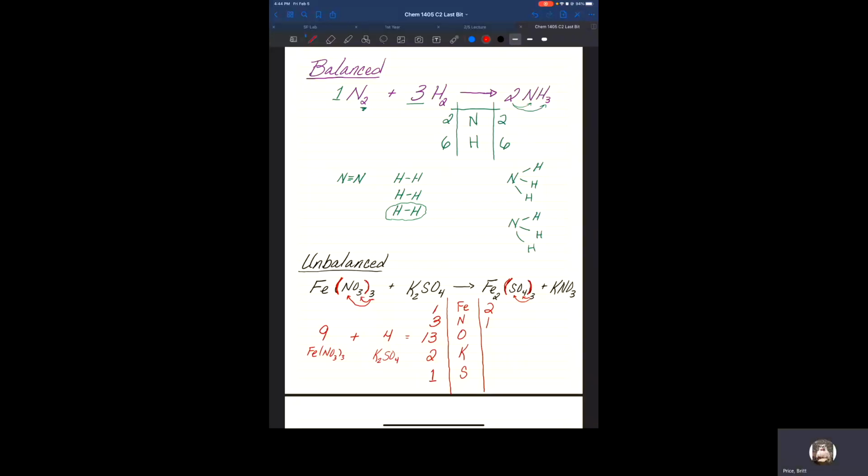So that means I've got 12 oxygens from the Fe2(SO4)3. And then there's 3 more from the KNO3. So there's 15 total. For the potassium, there's 1 of them. And for the sulfur, there's 3 of those.